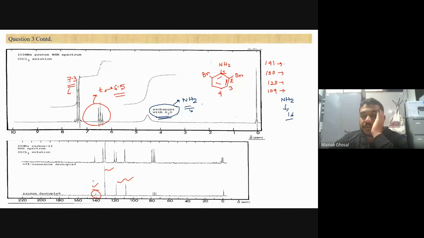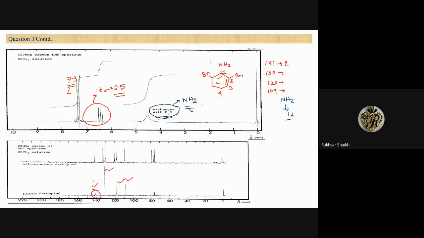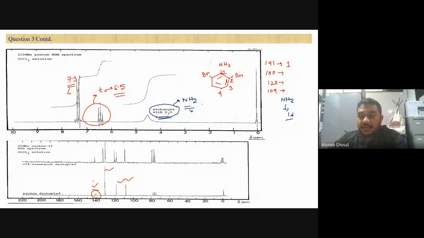It will be 141, right? Now, as we go from this NH2 to this one, to this one, to this one, you will see that the value keeps decreasing. As I have told you, if you go far away from these groups, the value gets decreased. So 130, 120, 109, you expect for these 2, 3, and 4.